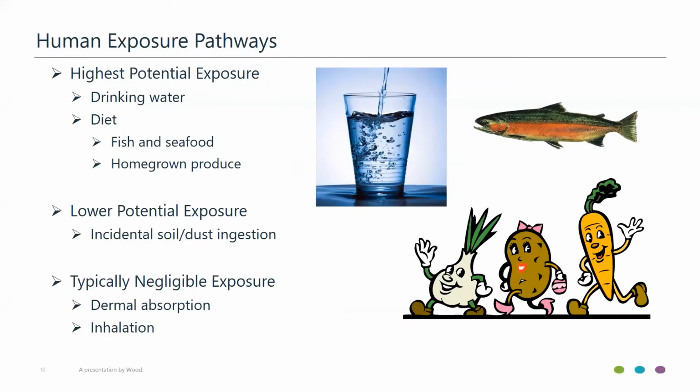So when we do look at human health exposure, drinking water is generally the first and main exposure pathway. We all drink a lot of water every day, and PFAS is very mobile and ends up in the water. If you're drinking that on a daily basis, there's a pretty long half-life with PFOS staying in the human body, so it has the potential to bioaccumulate. Running second place, what we evaluate for human health is then, can PFAS enter through the diet?